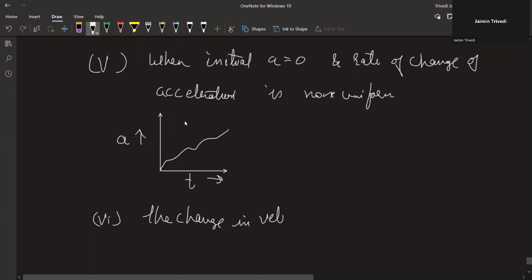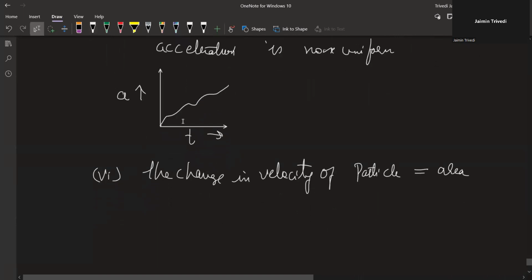Change in velocity is equal to the same as usual, what we wrote for velocities. That's what we are writing.